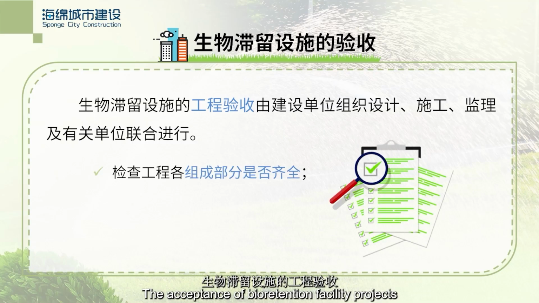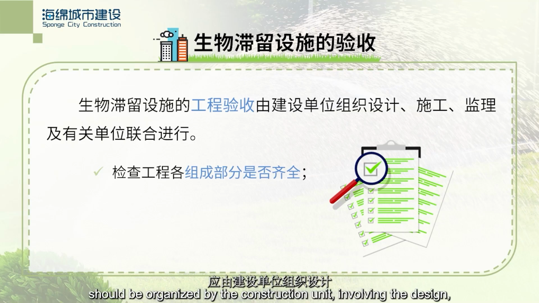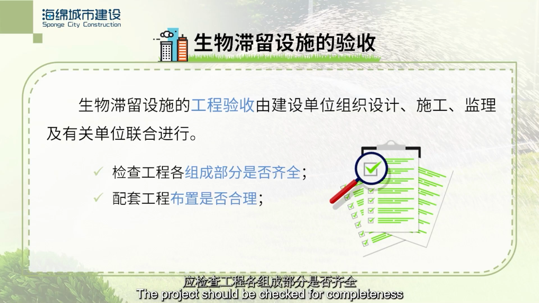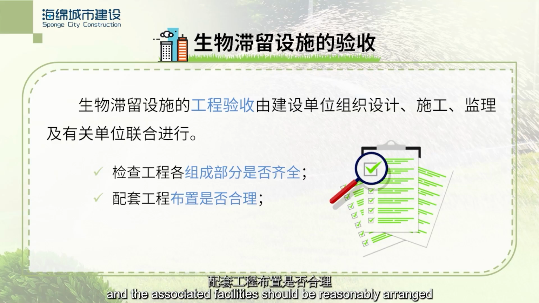The acceptance of bioretention facility projects should be organized by the construction unit, involving the design, construction, supervision, and related units. The project should be checked for completeness, and the associated facility should be reasonably arranged.